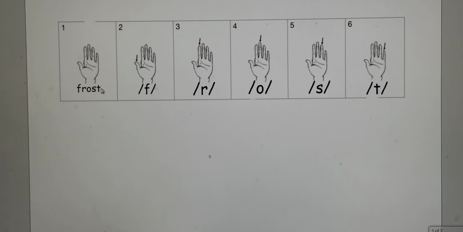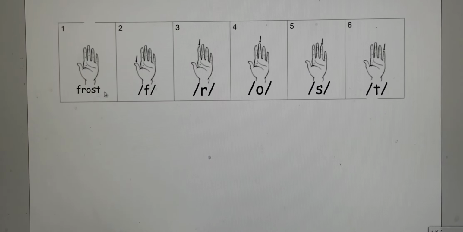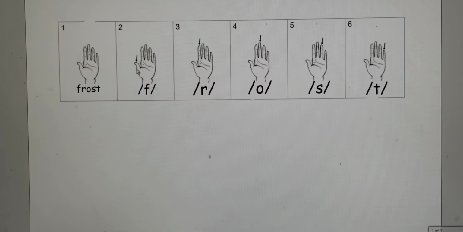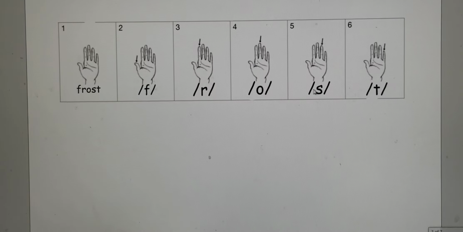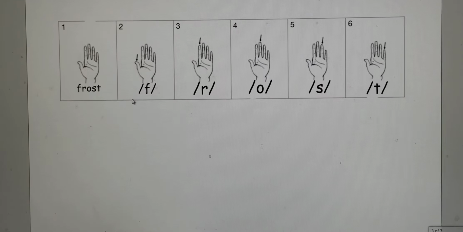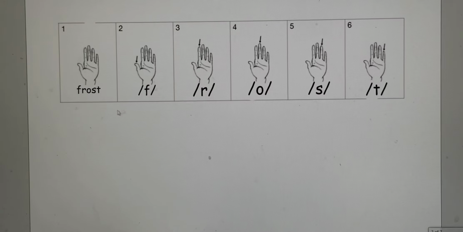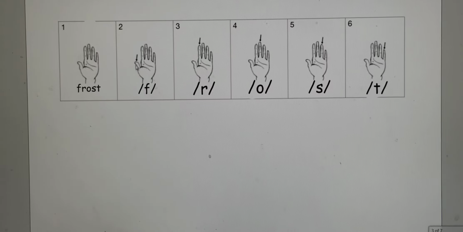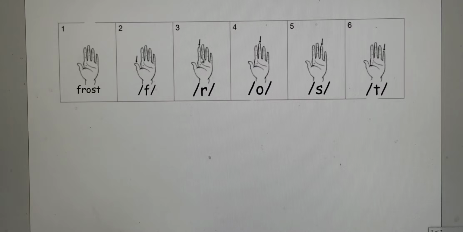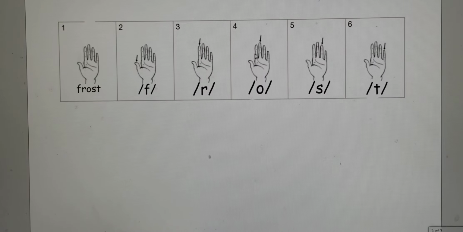And right here, let's try our hand at the word frost. Ready? Put your hand up. And let's start with the f. Frost. Again, here's the word. Frost. Let's start with the f. The third finger.